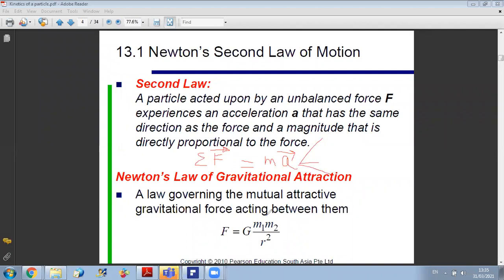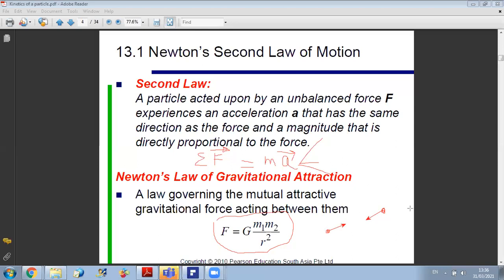Now, concerning Newton's law of gravitational attraction, it will give me the force between any two particles. If you have any two particles, you will have a certain attraction between them. By action-reaction, the force of the first particle on the second one will be equal to the force of the second on the first.